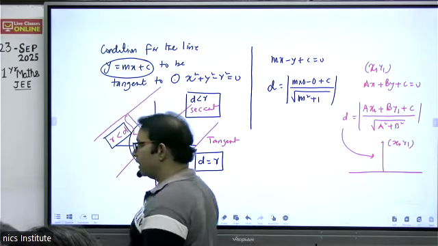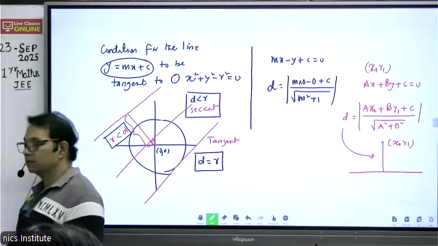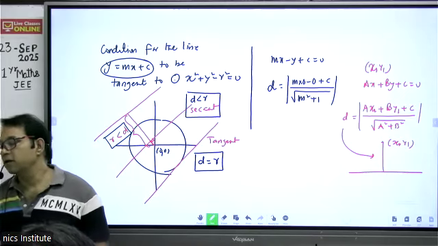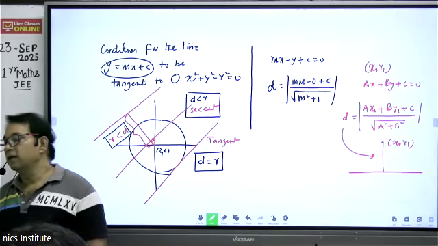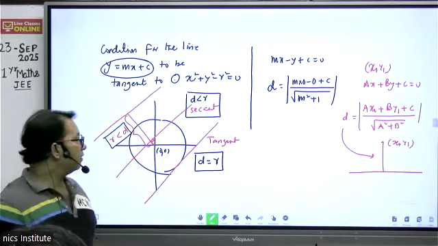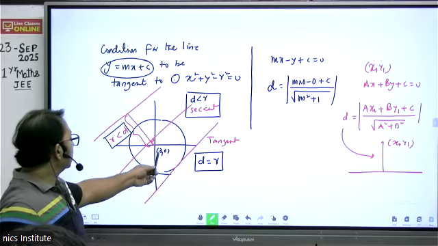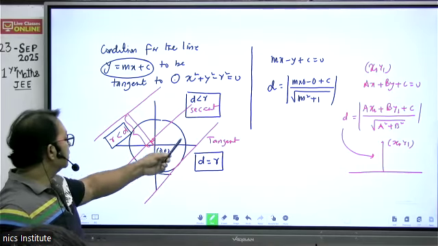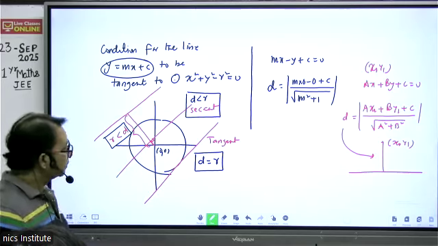So this is how you can find the distance between the center of the circle and the line. Replace x by x1, y by y1, rest as it is, divide by root of a square plus b square.